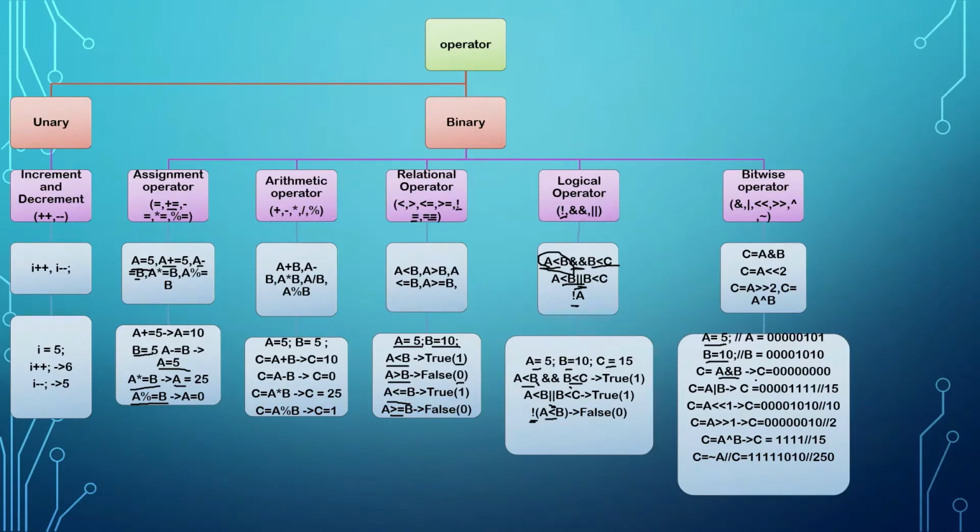So now the C value is 0. When you perform the OR operation on A and B, if either one is 1, it gives 1. If both are 0, it gives 0. So now it assigns the value 15 to C.